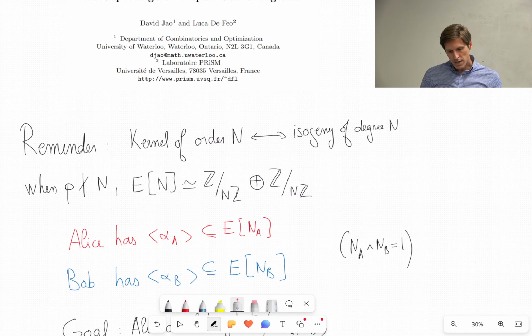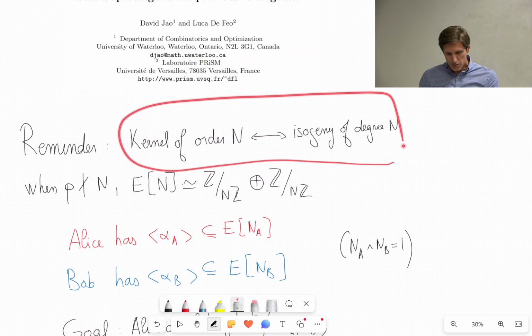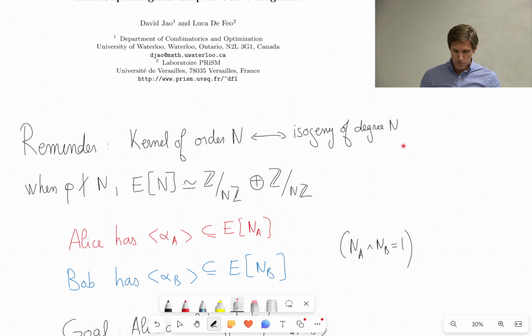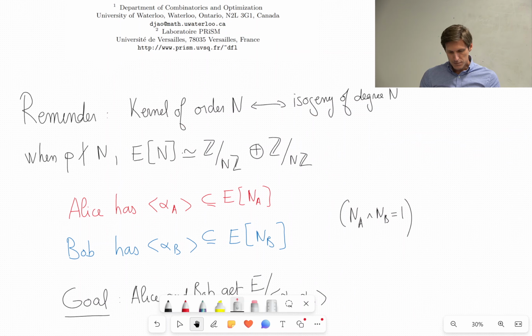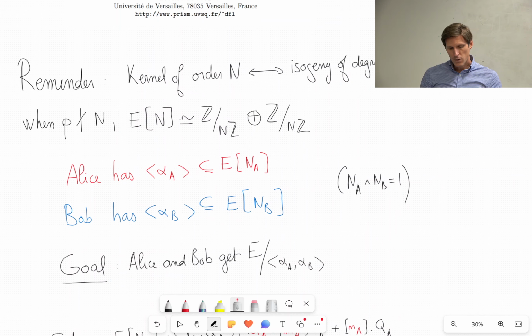So remember that a kernel of order n corresponds to an isogeny of degree n via the Vélu formulas. And then the n-torsion has this shape, okay? So the game Alice and Bob want to play is that they each select a kernel.